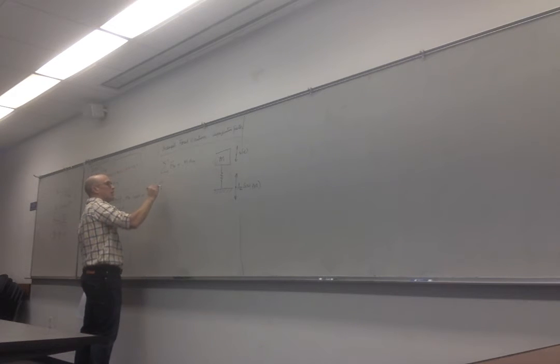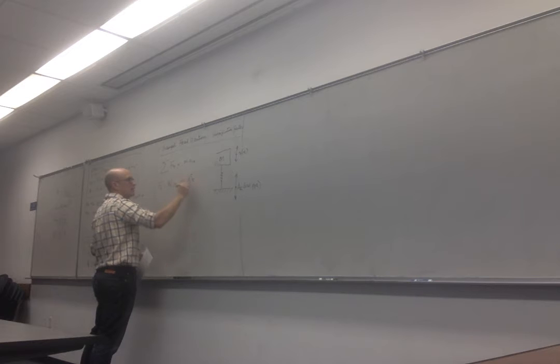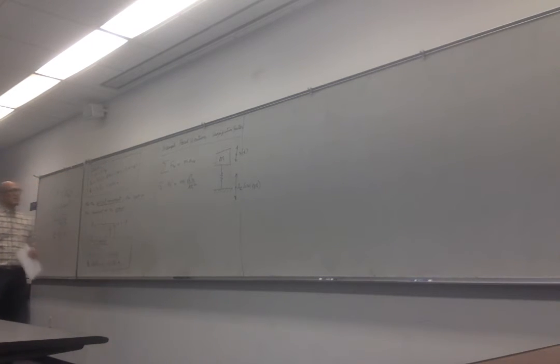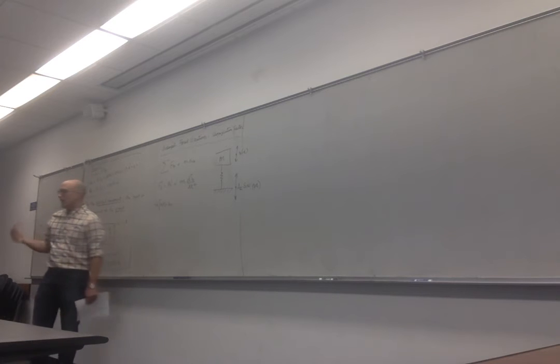We have the force of the spring, minus the weight, and that's going to be equal to the mass d squared x dt squared. Last time, the force of the spring we wrote as minus k times x of t, minus the static deflection. So that doesn't change.